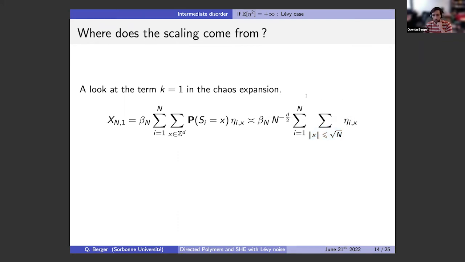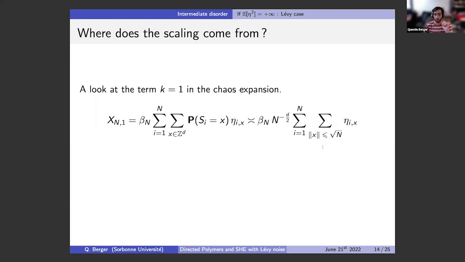Okay, and then I need to know what this sum looks like. What is the order of this sum? The idea is that you have a sum of heavy tail random variables, and you just have to know that for centered heavy tail random variables, the order of the sum is the same as the order of the max. And the order of the max, you can compute fairly easily. What you need to do is count how many variables there are.